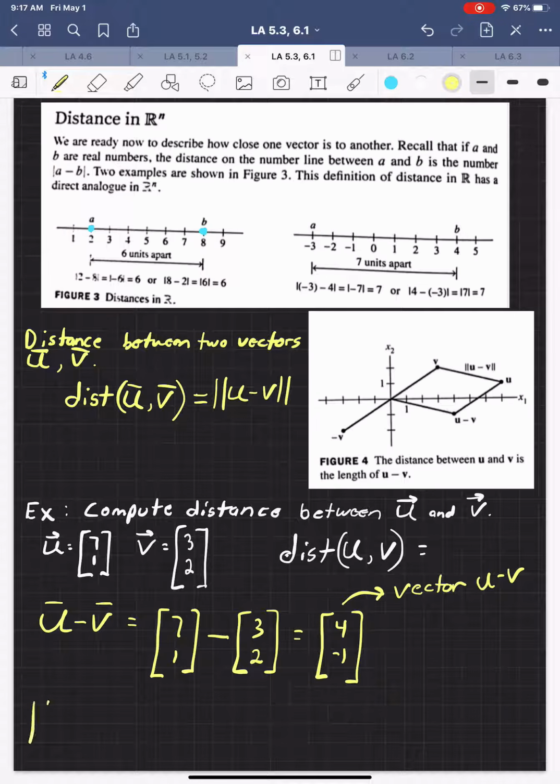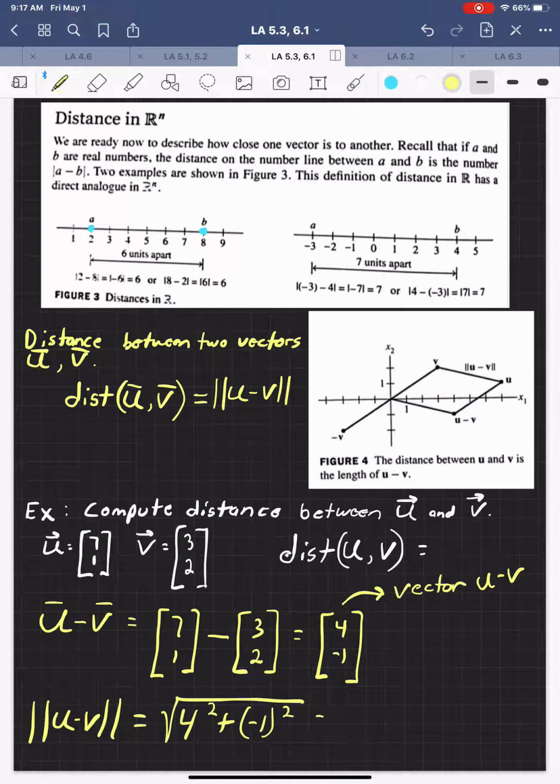So the magnitude of u minus v, well, it's just as easy to use our square root of 4 squared plus -1 squared, which is the square root of 17. That is the distance. I don't know what units we're in, but that is the distance.